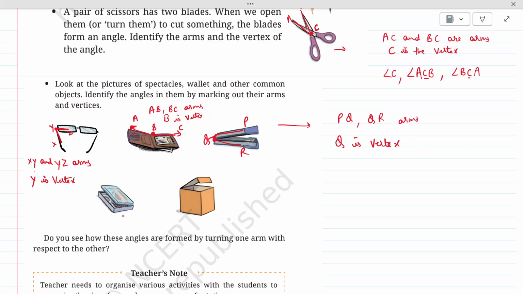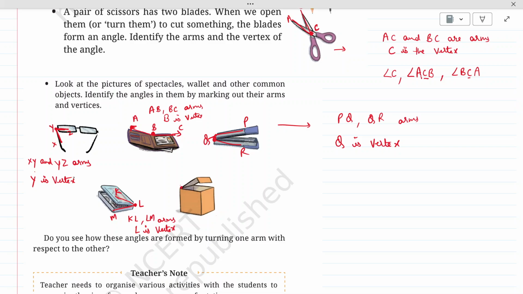Coming to this box, so this box is at this angle here. This one is this and this. I am marking it as K, L and M. So here KL and LM are arms and L is the vertex. Now the box.